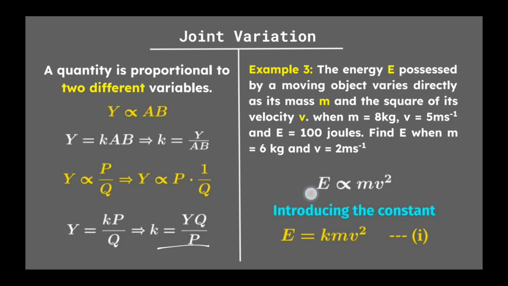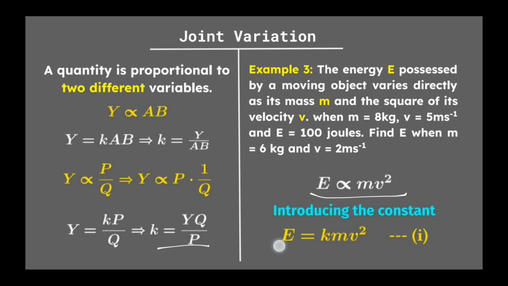From the very first sentence in the question, we're told that E varies as mass and the square of its velocity. So that's the relation between E, m, and v squared.